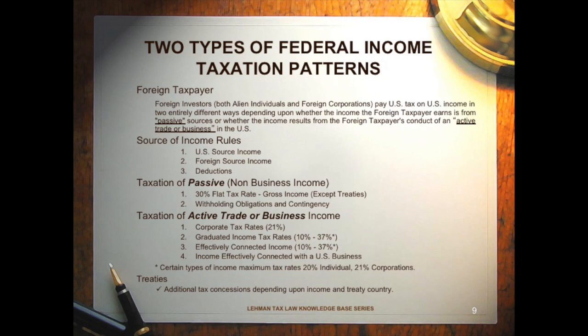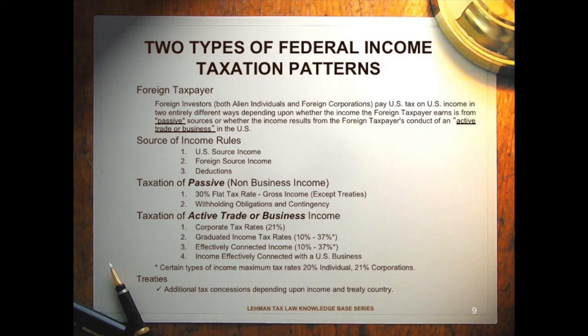And here we have the same tax rates for the taxpayer, the foreign taxpayer, that we do for the American. A foreign corporation that's doing business here will pay a 21% corporate tax rate like the Americans pay.